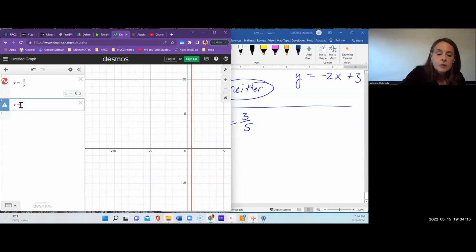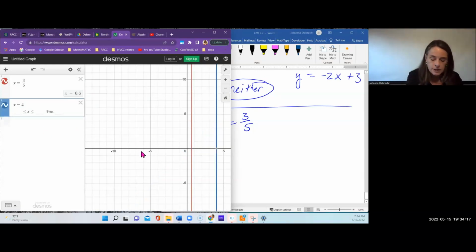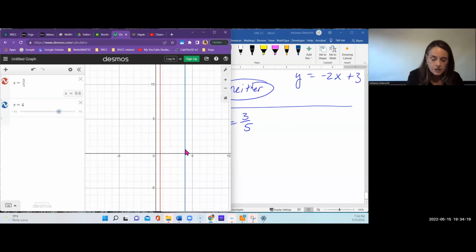Let's write x equal 4 and see what that does. It's setting the horizontal distance to always be right 4. If you write x equal 4, it means be right 4. So x equal sets the horizontal distance from the y-axis at always the same amount.